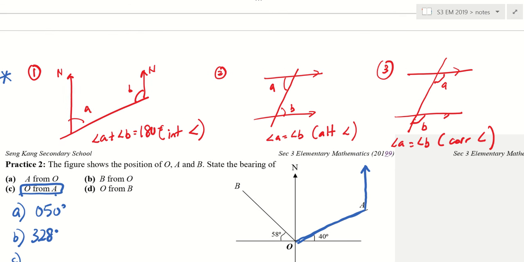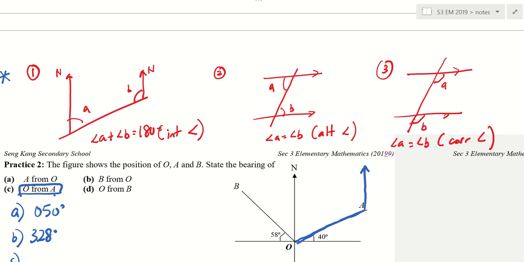Let me try and zoom in. And stop parroting me, Matthew. Stop repeating what I say. Oh, so that's how you get.